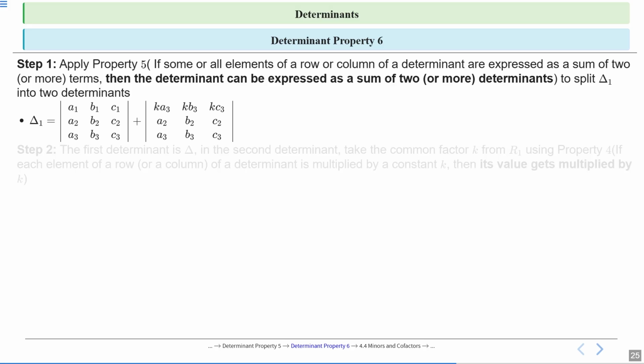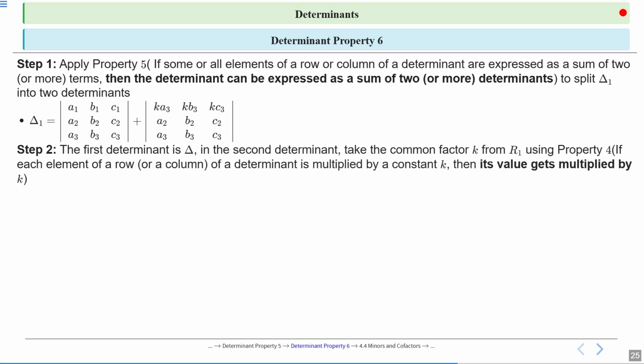Okay, the first determinant is lambda. In the second determinant, take the common factor k from R1 using property 4. What is property 4?